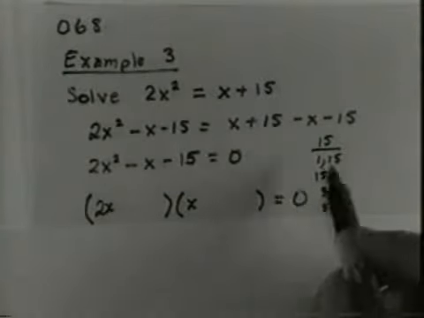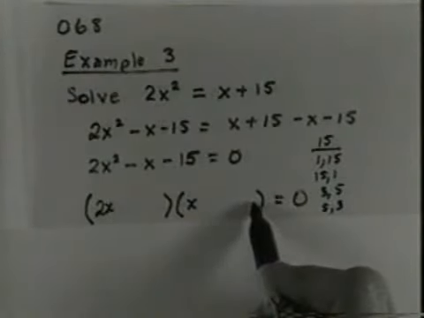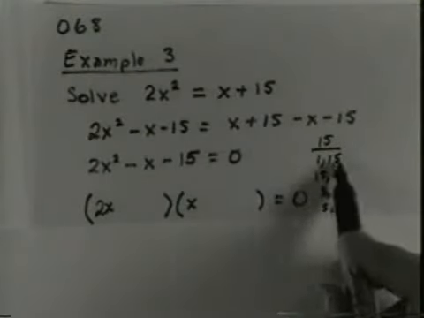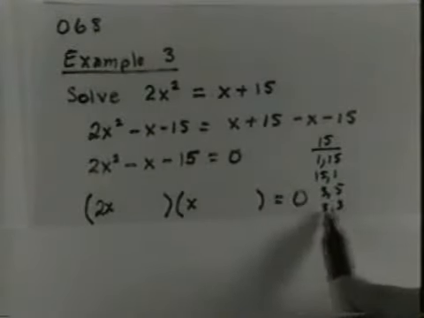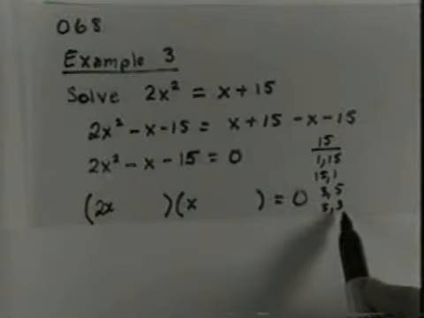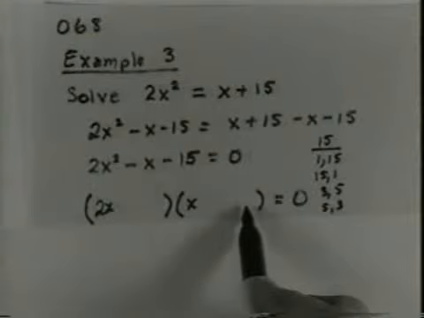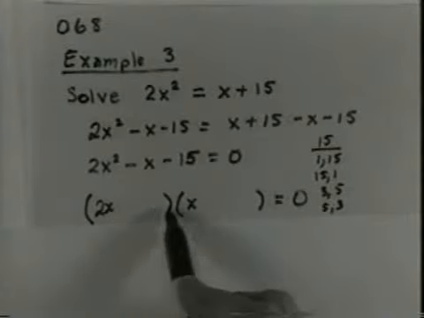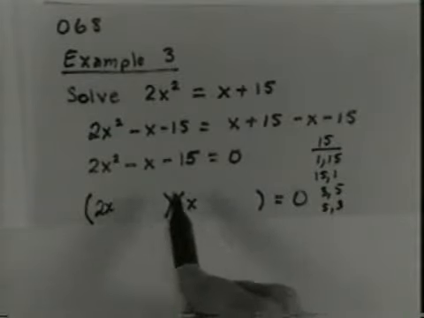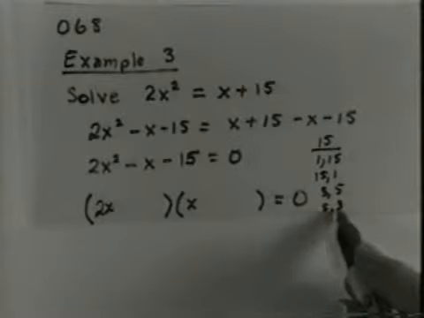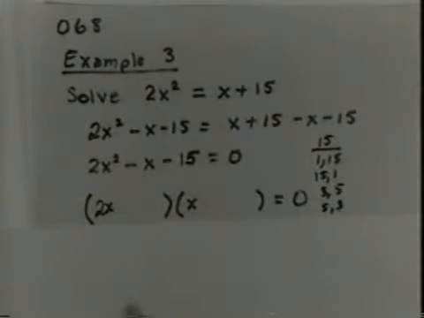Well, 2 times 15, or 15 times 1 to go with the 2, that's not going to work for us. It's going to have to be the 3 and 5, or the 5 and 3. Well, if we do 2 times 5, that would be 10. 3 times 1 would be 3. 10 and 3 will not give us x. It's going to have to be, if anything works, the 5 and the 3 in that order.